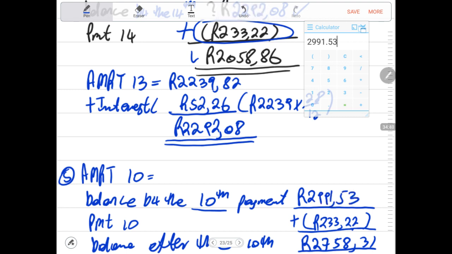So now this is the balance before the 10th payment was made.